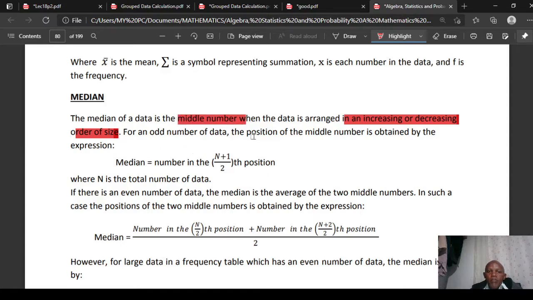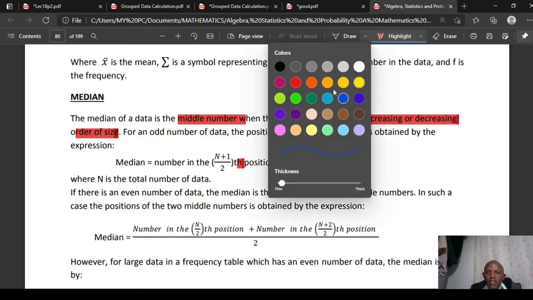Now, for odd numbers, the position of the middle number is obtained by (n plus 1) over 2, ith position. This word ith position is important. What we are saying here is that median is a positional average.